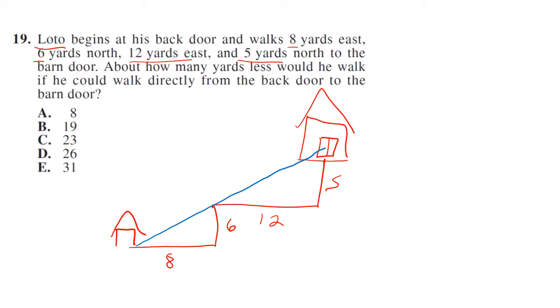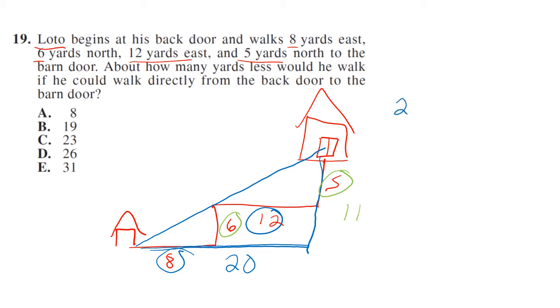So if he could go directly from here to here, how much less would that be? Well, let's make this into a right triangle. How far is our bottom leg? 8 plus 12 is 20. How about our side leg? It's 6 and 5, so that's 11. Now we can use the Pythagorean theorem: 20 squared plus 11 squared equals x squared, or c squared.